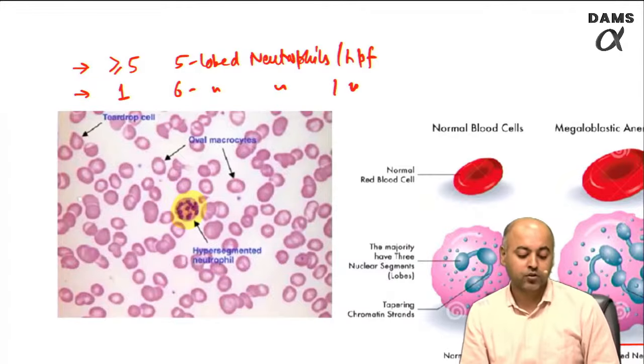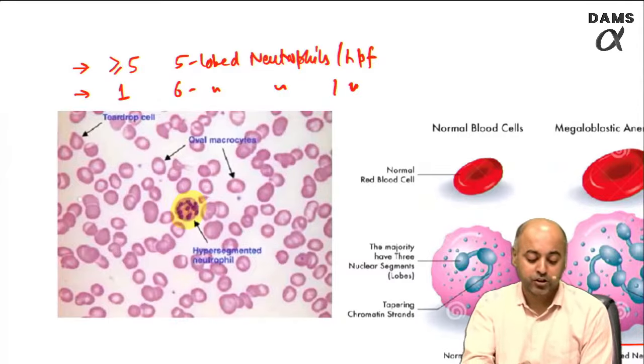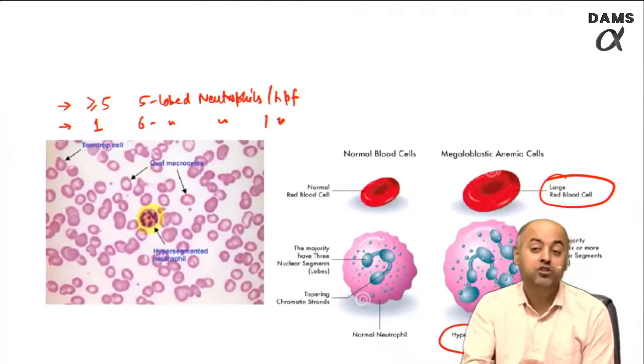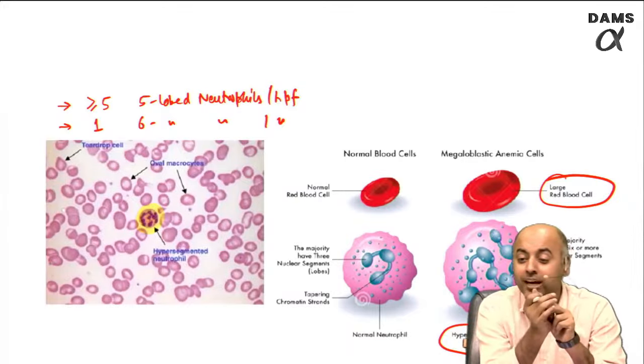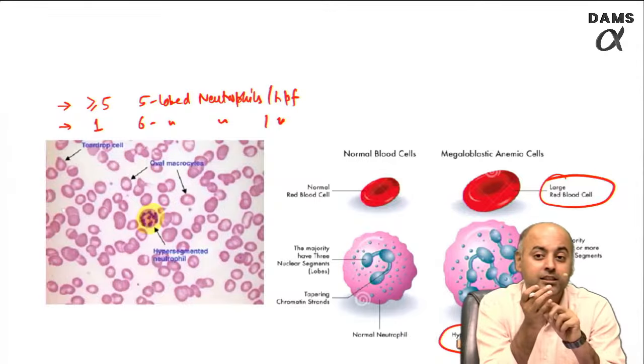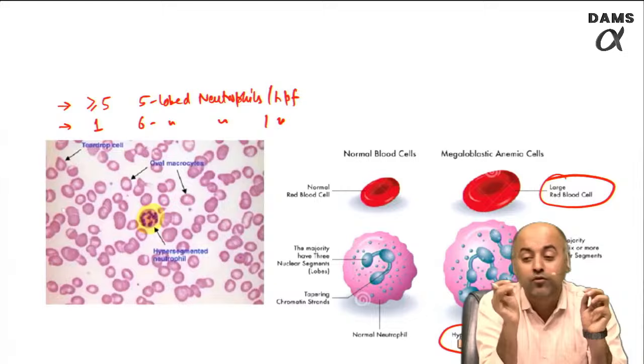In those cases we call it the hypersegmented neutrophilia, which will be a feature of both B9 and B12 deficiency. B9 because it is due to the actual folate deficiency, B12 because it is due to functional folate deficiency.